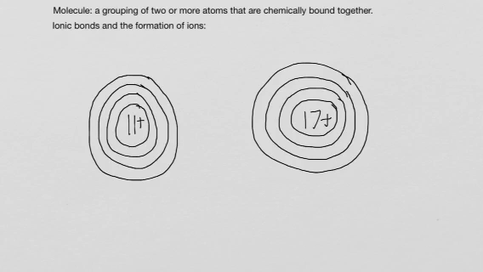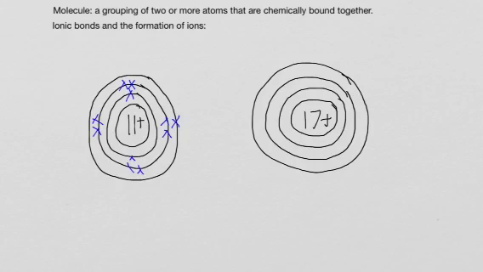So we'll look at sodium in blue, and in the first orbit we've got our 2 electrons. Our second orbit we've got 8. And our last orbit we have 1 valence electron. That's what makes sodium belong to the alkali metals, it is in group 1 and it's got 1 valence electron.